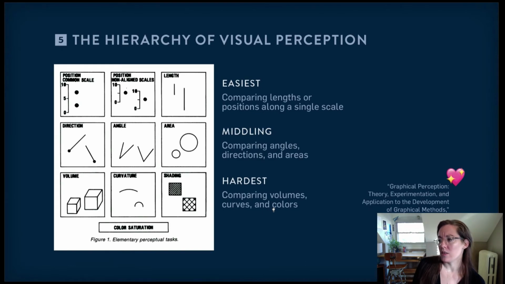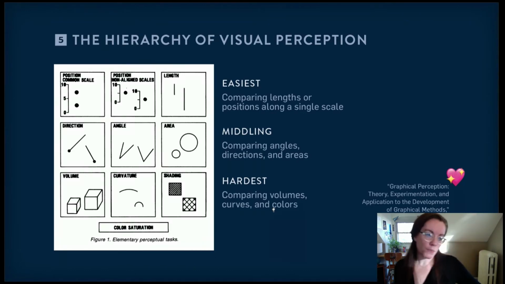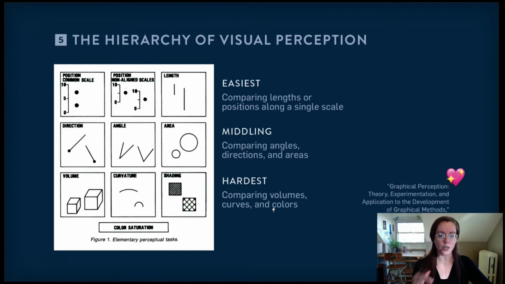And I'm not going to go into too much detail on visual perception because I know that Adam has covered that in more detail, but the takeaway from this paper is that there is a hierarchy to how well people can read numbers off a chart. The easiest task, when you're presented with visual information, is comparing numbers along a single linear scale.